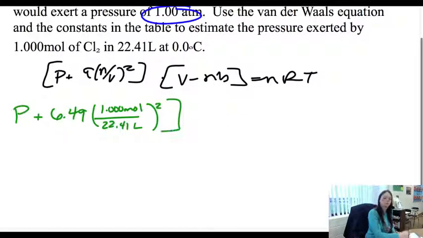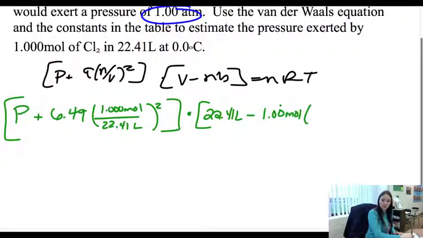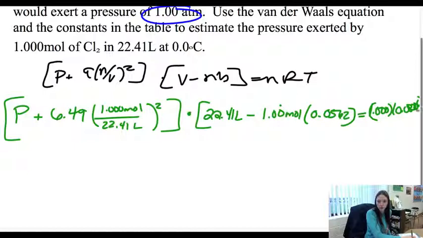I'm going to square it, times my volume again, which is 22.41 liters minus 1, because I have 1 mole, times my B. I find B for Cl2, which is 0.0562. And then equals n, which is 1 again, R, which is still 0.08206, and my temperature is going to be 273.